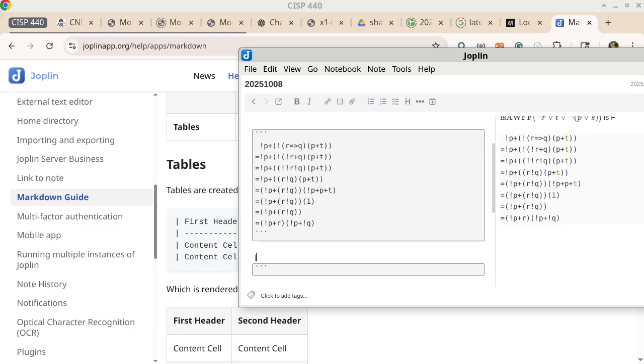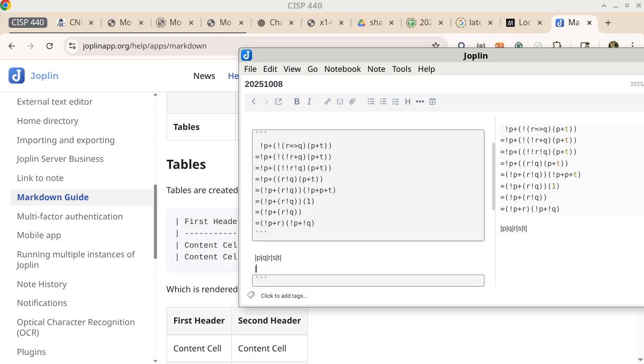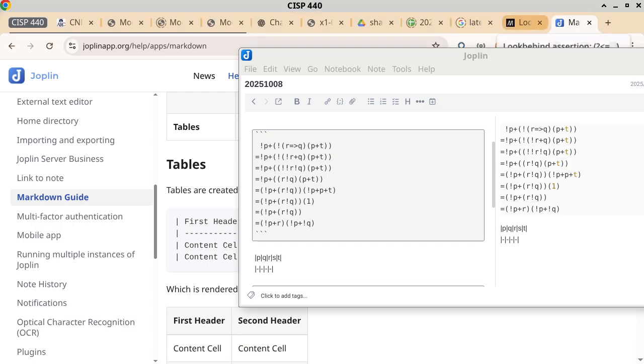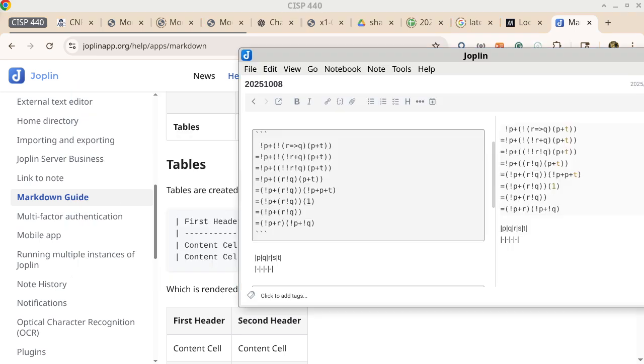Okay, so let's try this one more time. If it doesn't work, then I'll try another way to do it. Yeah, it just won't recognize it as a table. The line with the dashes. Yeah, I have the minimum number of dashes.